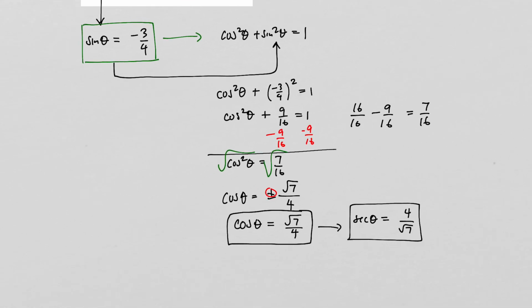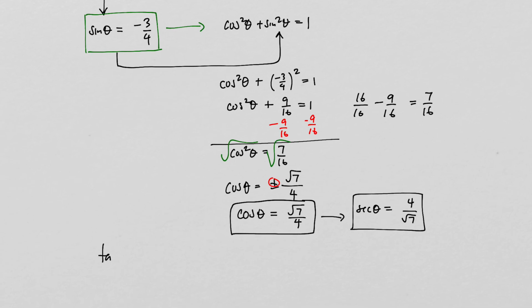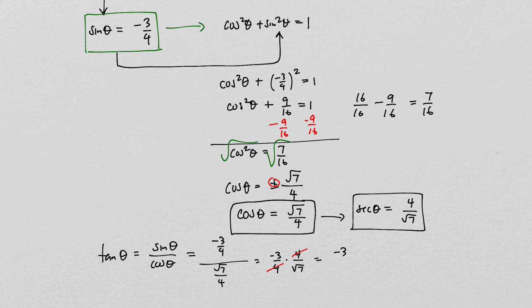And the only other two we need to get are tangent and cotangent. Tangent, we know, is sine divided by cosine. Sine is -3/4 divided by cosine, which is radical 7 over 4. And when you invert and multiply, etc., as we have been doing, we end up getting -3 over radical 7.